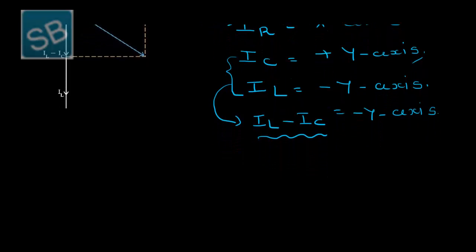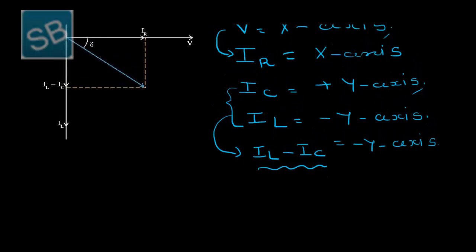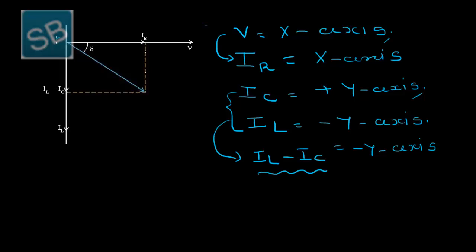Now with the help of this, if we apply the Pythagoras theorem to the triangle, suppose it is the triangle OAB, then AB is IL minus IC and OA is IR.